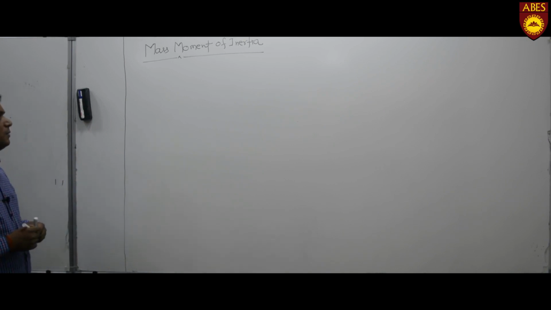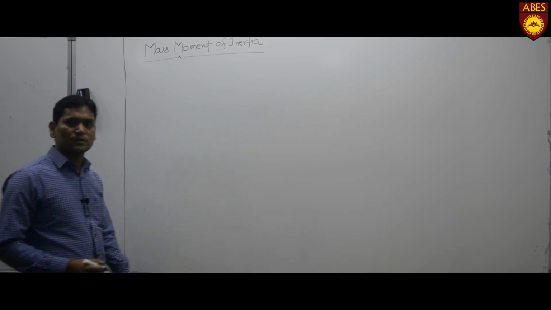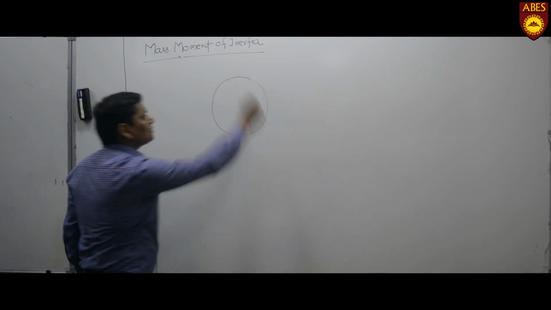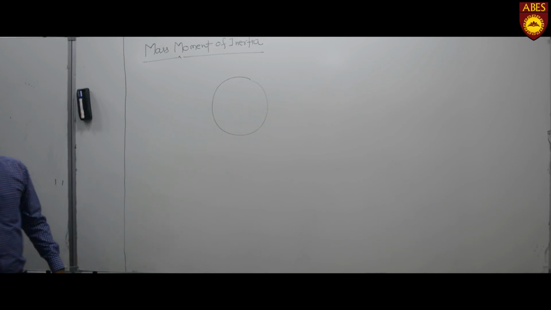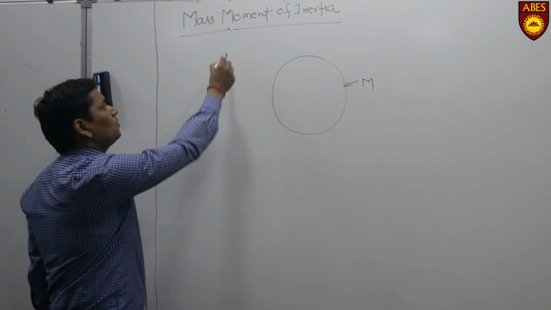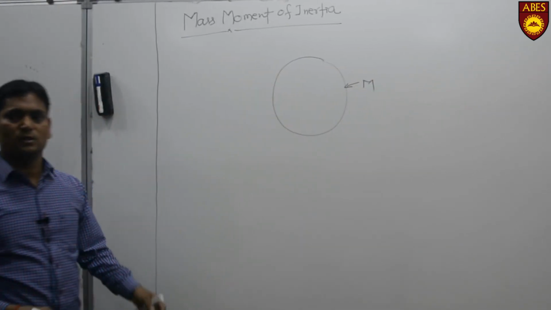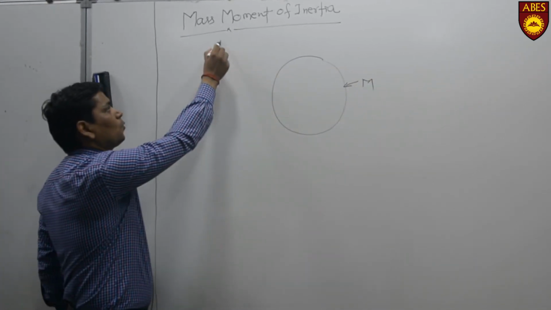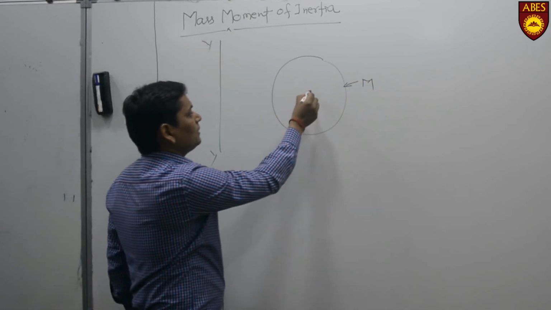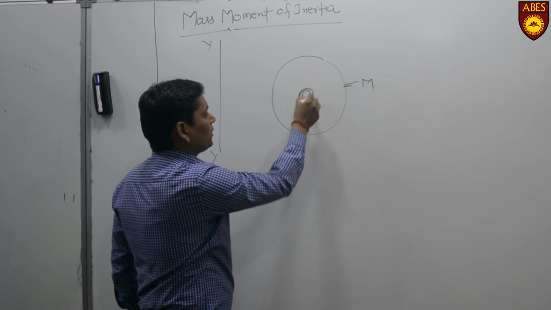So first of all, we will calculate the mass moment of inertia. I have considered a small solid body. The mass will be capital M, and now we will calculate the mass moment of inertia of this body about the y axis. Let us consider a small strip of this solid body.